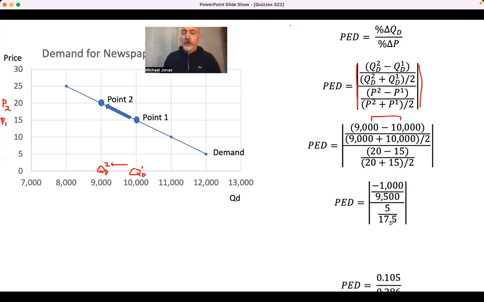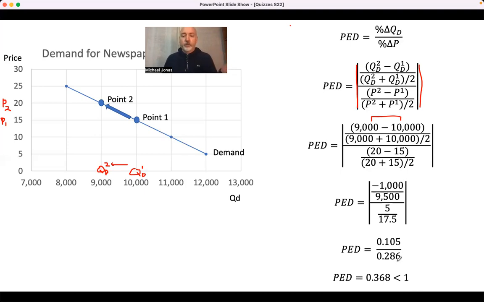Plugging that into our calculator, we get for the numerator, the change in quantity, 0.105. Basically, we'd call that a 10.5% change. That is the reaction to the change in price of a value 0.286, or 28.6% change, but we want the ratio of the two.